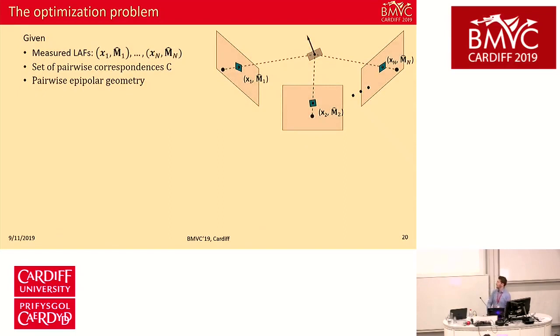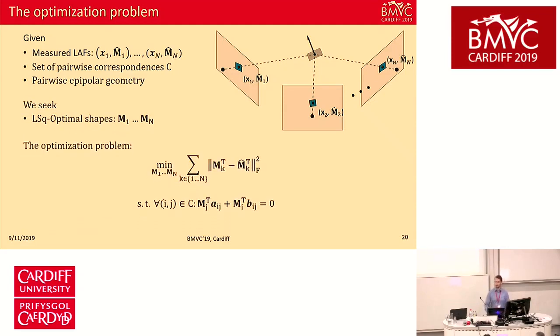We have our measured affine shapes as the output of our feature extractors, M hat, a set of pairwise correspondences, and pairwise the epipolar geometry, like fundamental matrix, relative pose, and so on. And then we seek least squares optimal shapes, which satisfy this optimization problem. We minimize the least squares difference between the measured shapes and all the epipolar constraints we can cram in there.